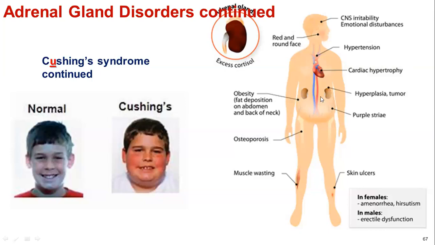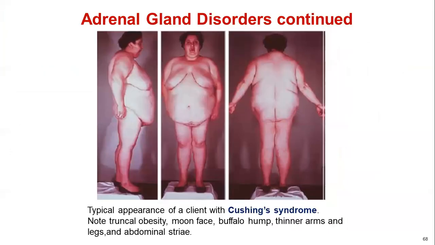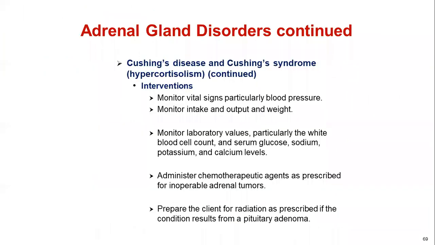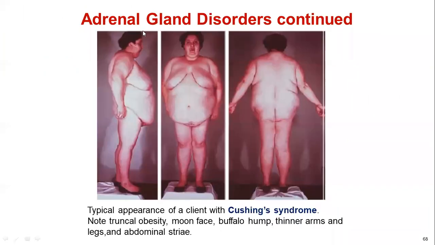This is the sign of Cushing syndrome. In this picture is a typical picture showing the sign and symptom. The typical appearance of Cushing syndrome. The face is moon face, buffalo hump, means extra fat on the shoulder, increased abdominal girth, right?